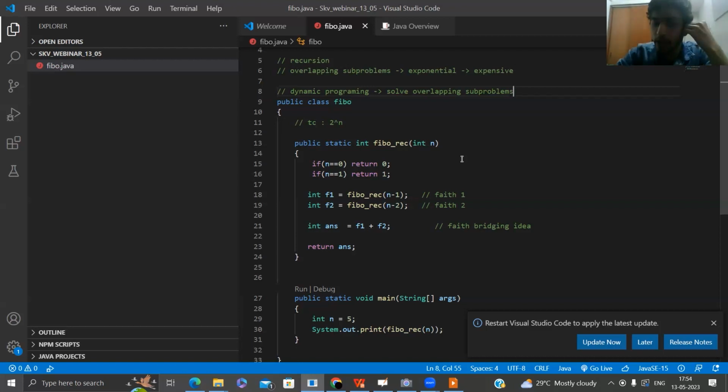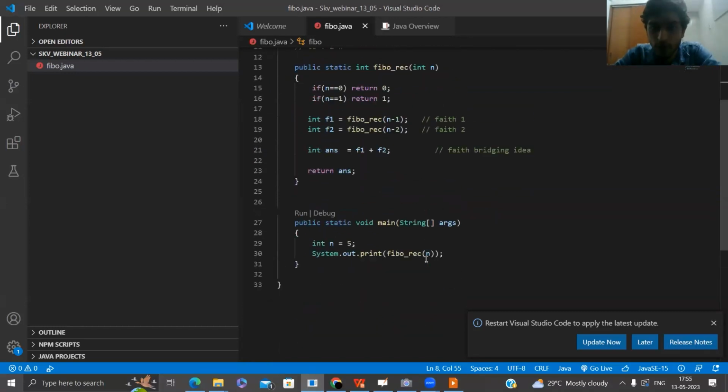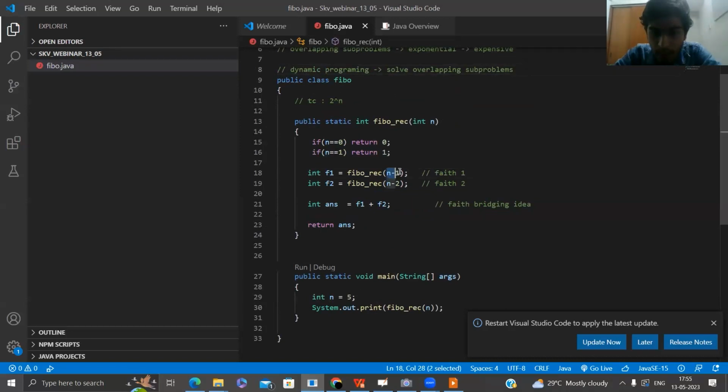Over here at this point, let me give you a hint. How do we decide the storage? Storage could be anything. It could be a matrix, an array. So focus on the number of parameters that are varying in the recursion call. Just one parameter is varying, that is n. If the number of parameters that are varying is 1, the storage will be of one dimension.